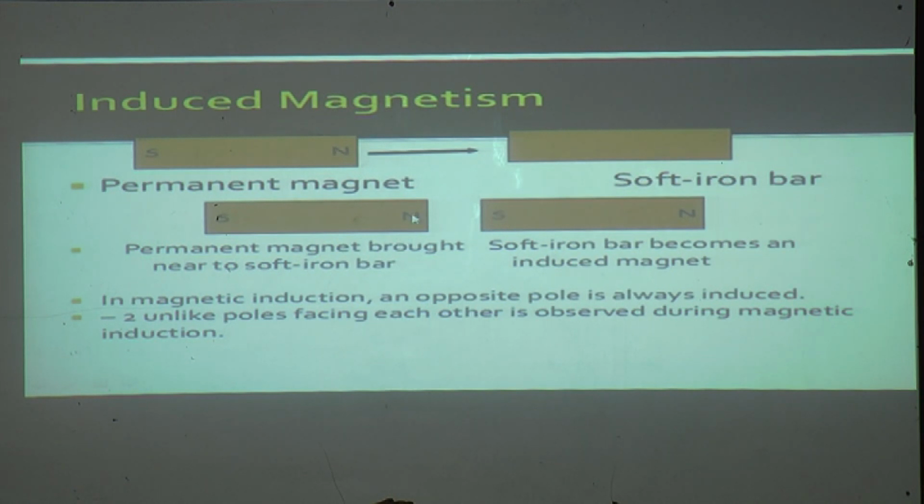It means this soft iron bar is not having any pole, but when it changes into an induced magnet, it will show exactly opposite poles to this permanent magnet. So the north pole end we brought to the soft iron bar, it means whatever end is towards this magnet is going to convert into a south pole. So that is given here, and an opposite pole is always induced. So always two opposite poles will be observed during the magnetic induction.